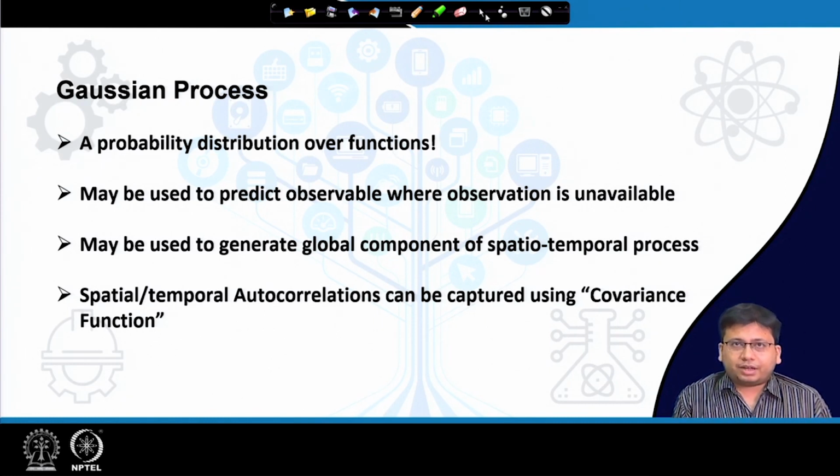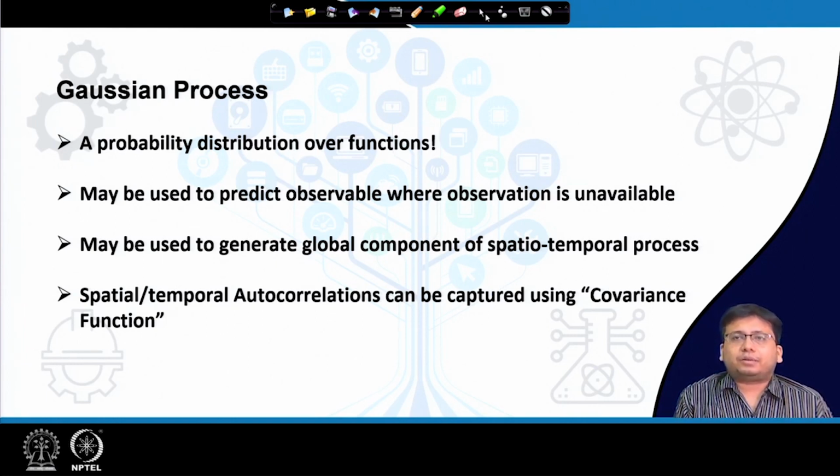That is the most important application of Gaussian process, where it is basically used for interpolation, that is, to predict the value of the observable where the observation is not available. It can also be used to generate the global component of the spatio-temporal process.